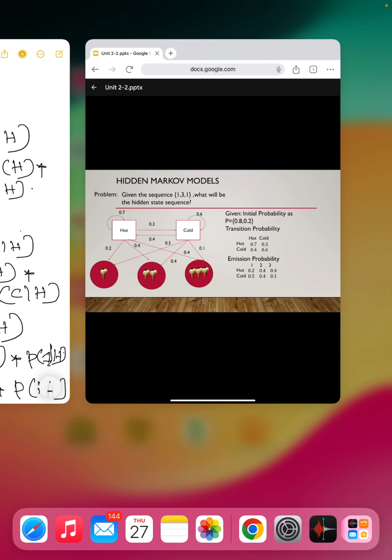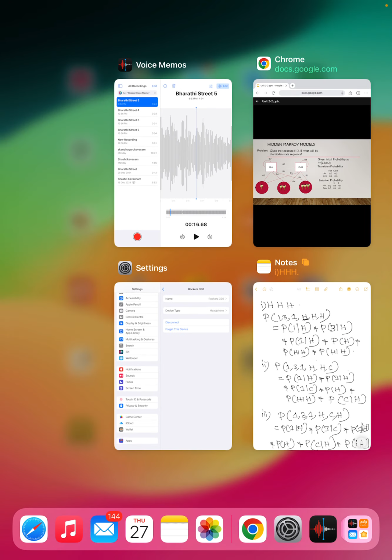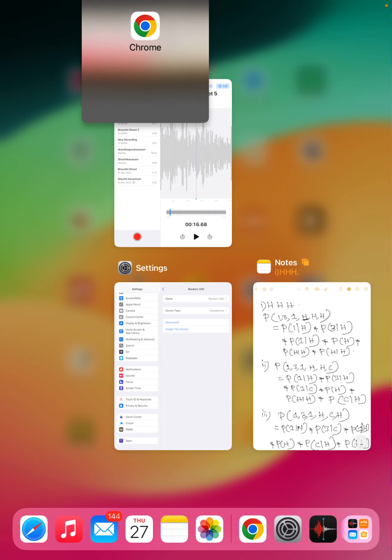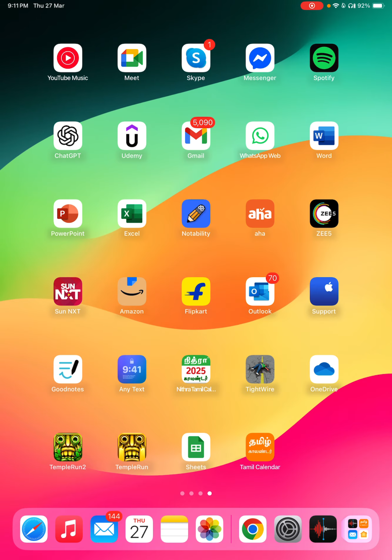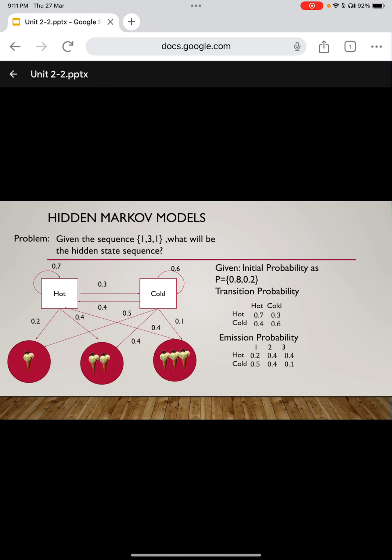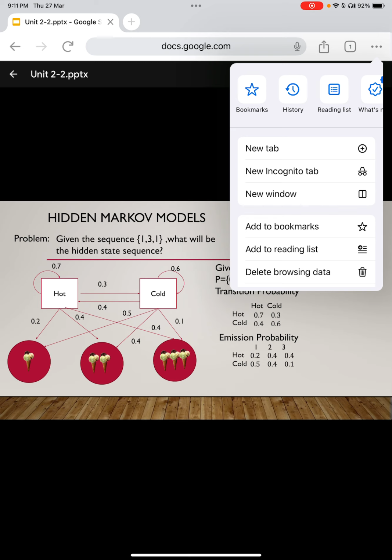We shall note the emission and transition probabilities from this table.